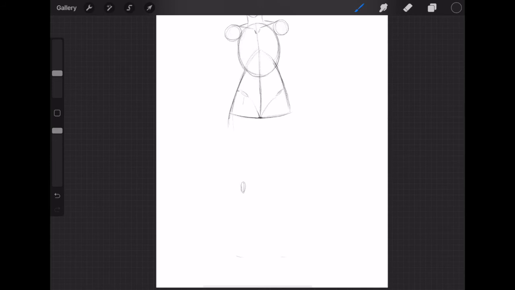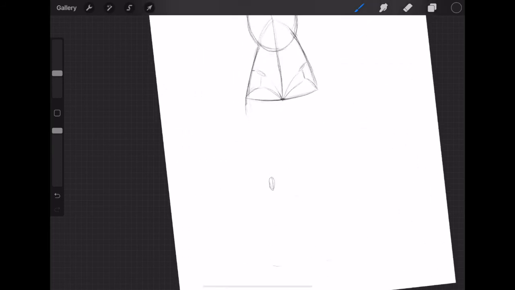And then I draw a small V shape, which further defines the collarbone. Then I go to the top of these circles again, and I draw two lines which now slant slightly upward instead, ending right around where the neck is.